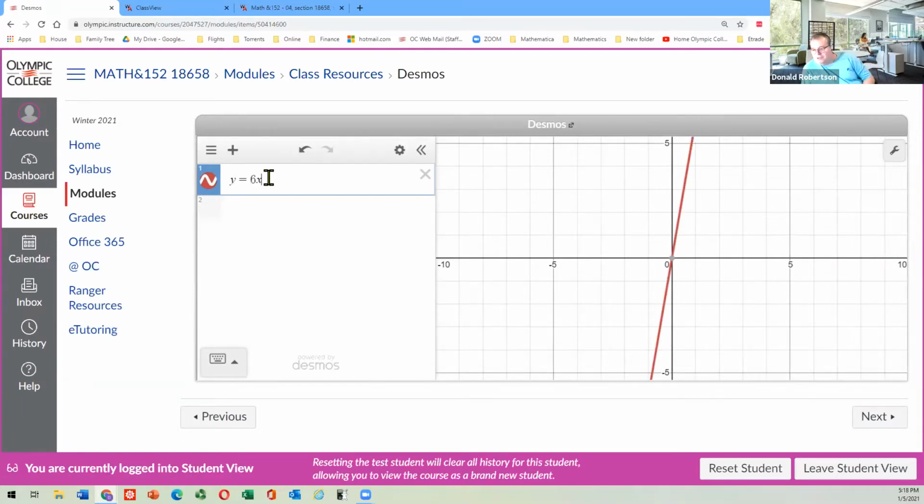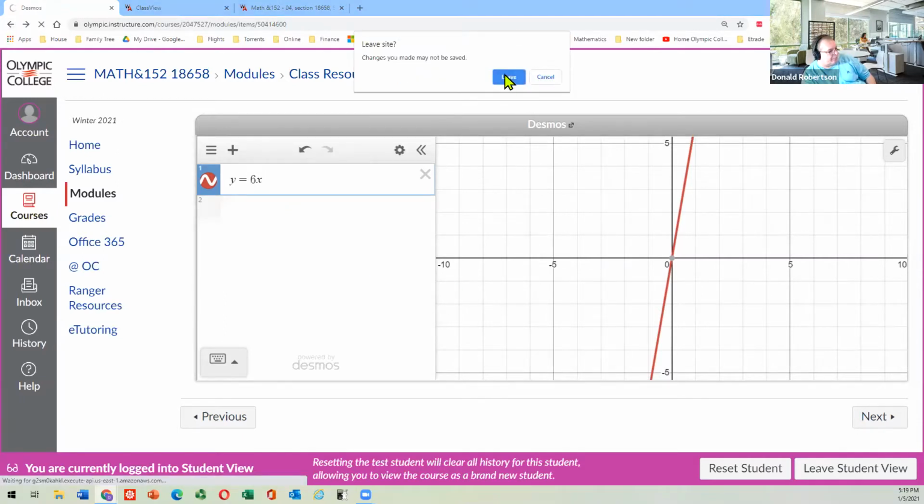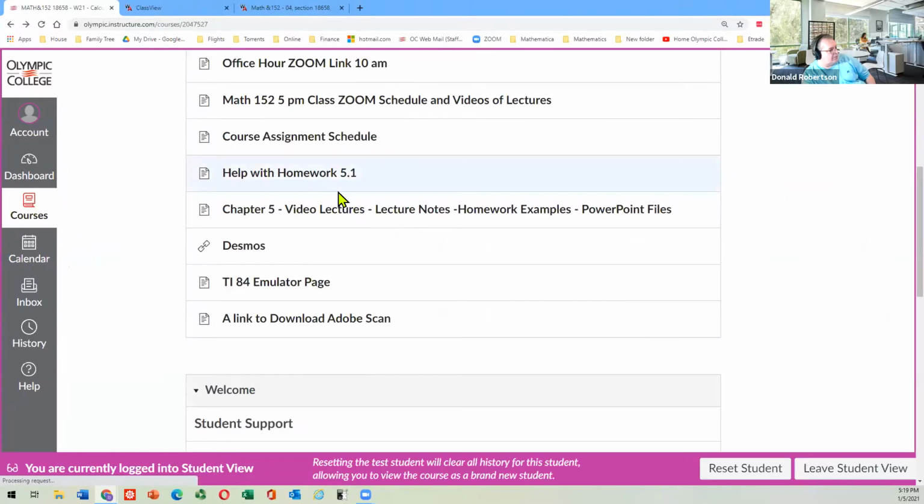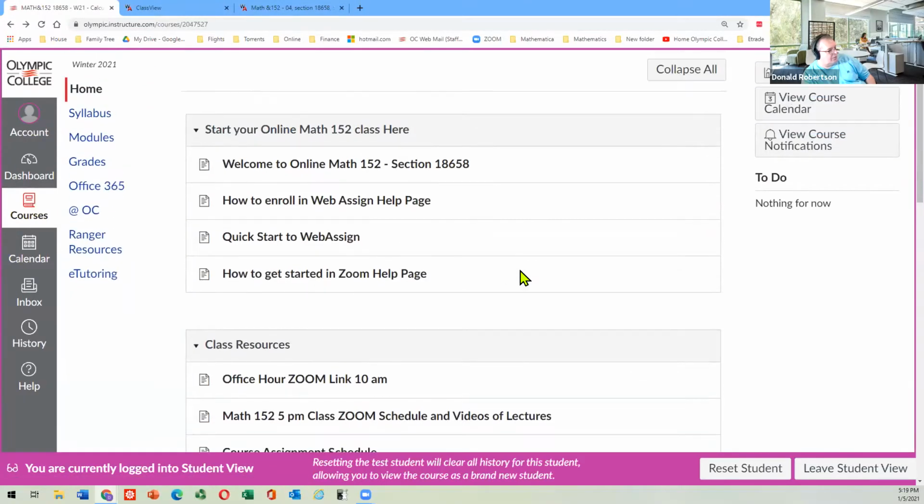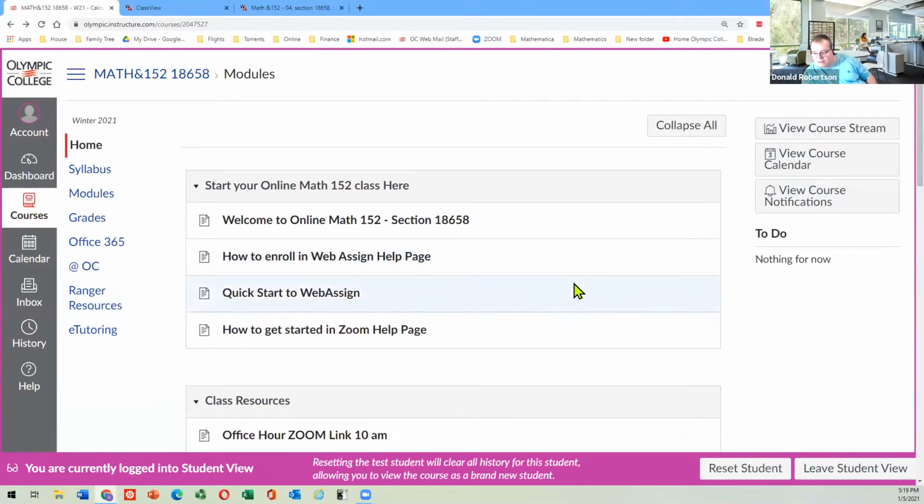Basically, it allows you to visualize things, right? If you want to sketch a function or look at it, Desmos is quite handy. It's probably better than your TI-84 because that's a tiny little screen, and this is nice and colorful, right? So there's another resource for you. Again, any questions, or are we cool?